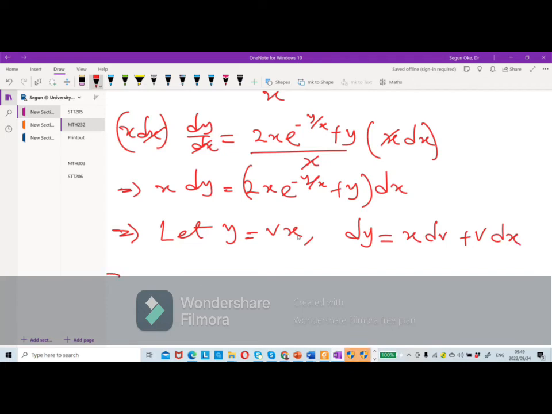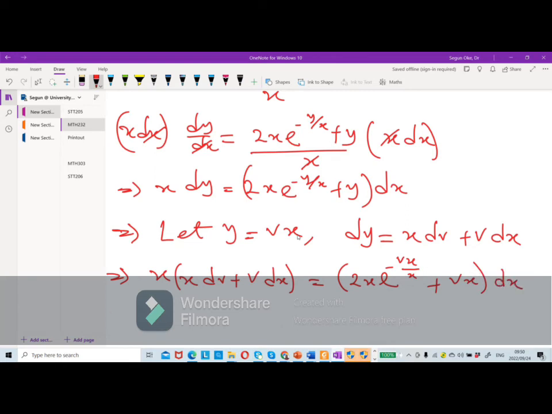Because I have the y here, I can also solve it this way: x in bracket dv plus v dx, which is the same thing as 2e to the power minus y, which is v x over x plus vx dx.